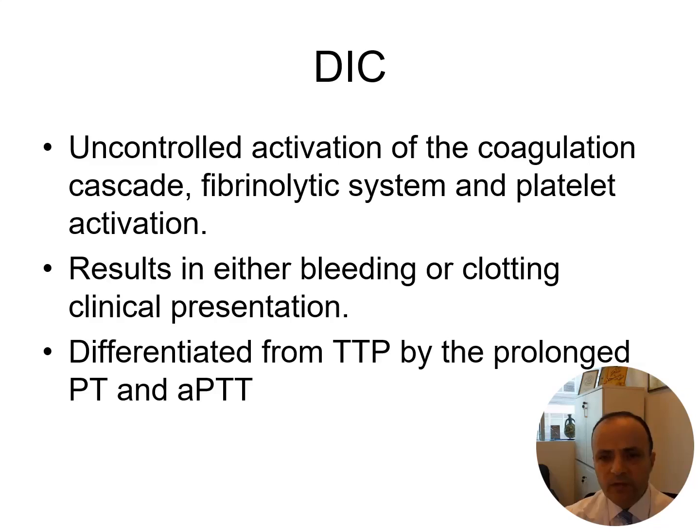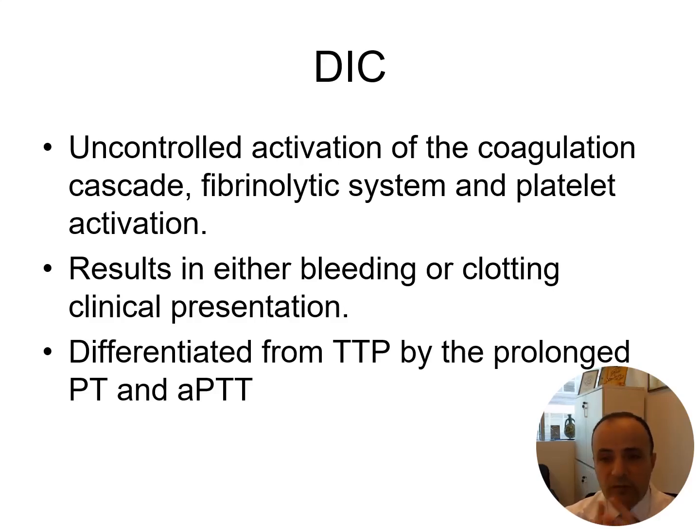So when you have activation of the coagulation cascade in the plasma, you cause platelet activation, platelet microthrombi and clots in the small vessels, just like TTP. And this will also cause hemolysis of the red cells because of the small thrombi in the blood vessels.